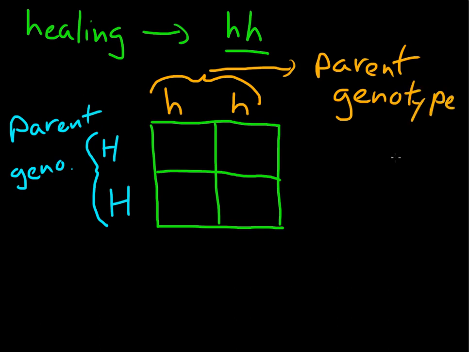So the parent genotype. Okay. So when you do the Punnett square, all you gotta do is fill in the squares with one trait at a time. So the mother will give her allele for this one here, for this capital H through this way. Her capital H also goes through here and here.